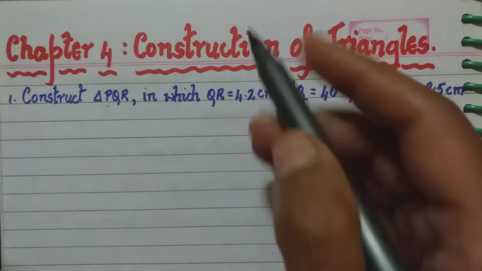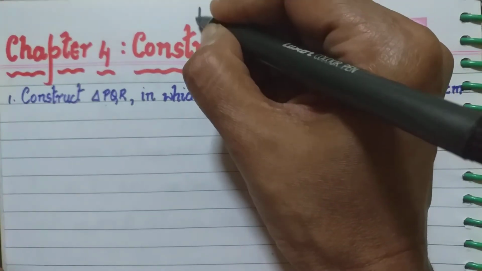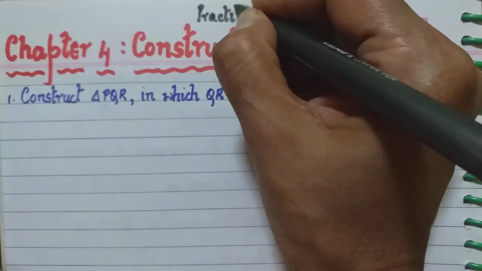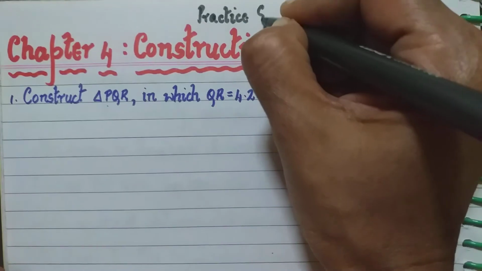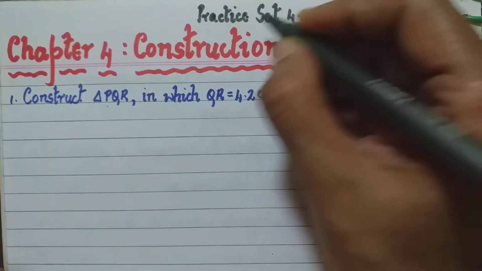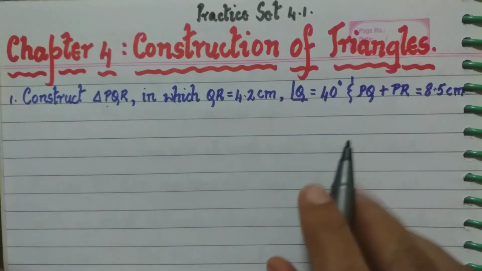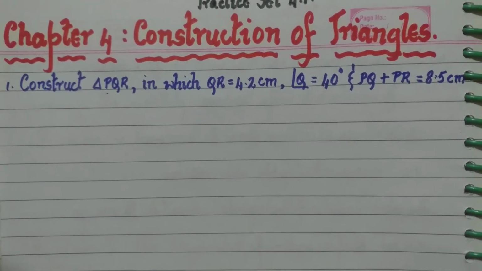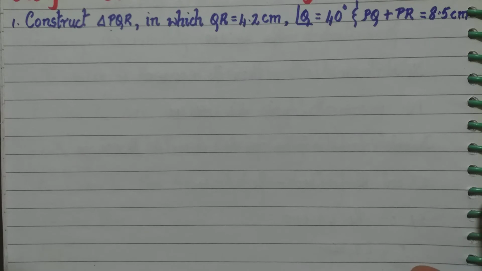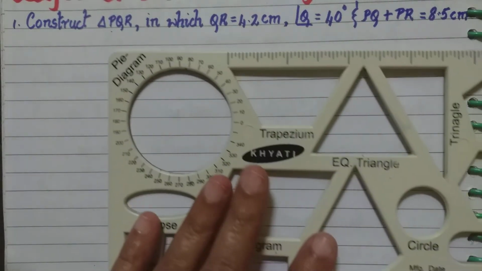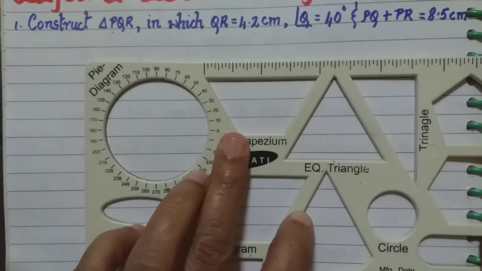So we are beginning here with practice set 4.1. Now with this in mind, first we have to draw a rough figure whenever any construction is asked of us, and we are constructing a triangle. So first we draw the rough figure of a triangle.